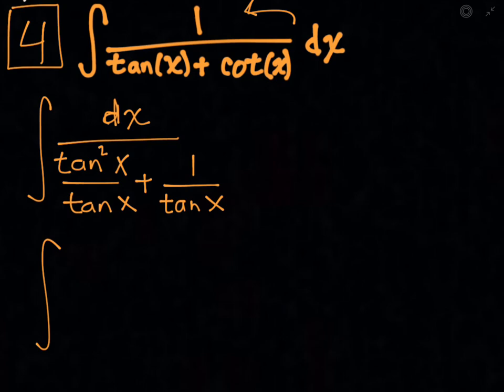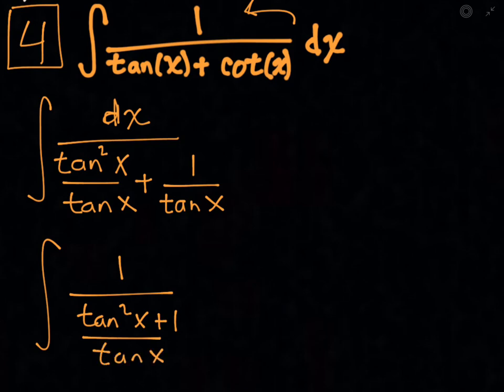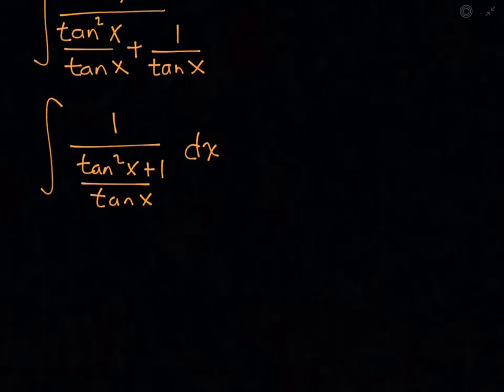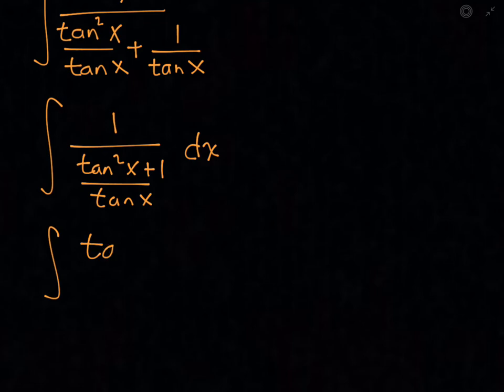So we have 1 over tangent squared x plus 1 over tangent x dx, right? And that is the same as writing tangent x over tangent squared x plus 1 dx.